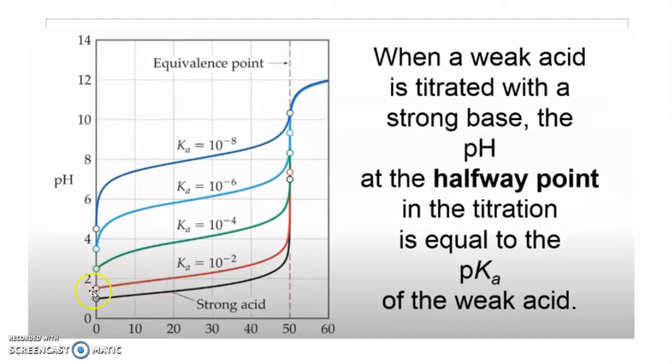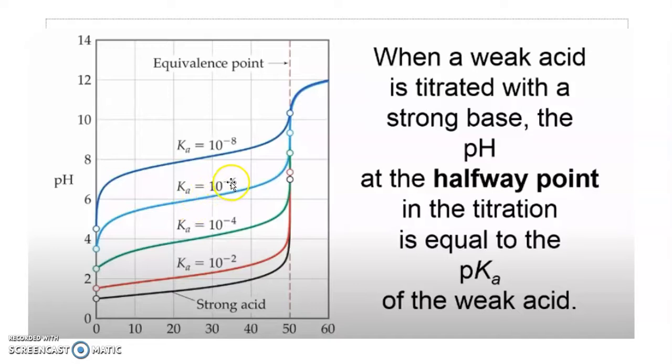Now, halfway between here and the equivalence points is this half equivalence point. Now, in this case, if you notice, the Ka of this acid is 10 to the minus 2, so the half equivalence point is 2. We move up to this one. The Ka is 10 to the minus 4. The half equivalence point, the pH is 4.